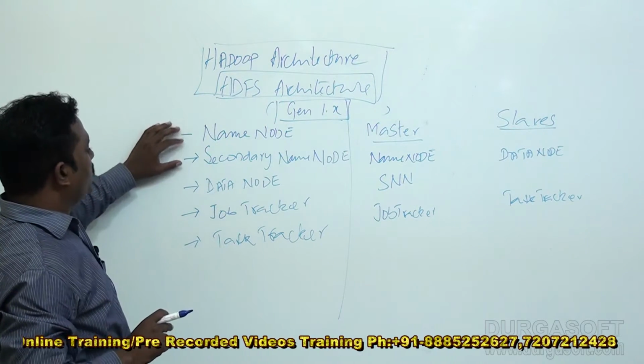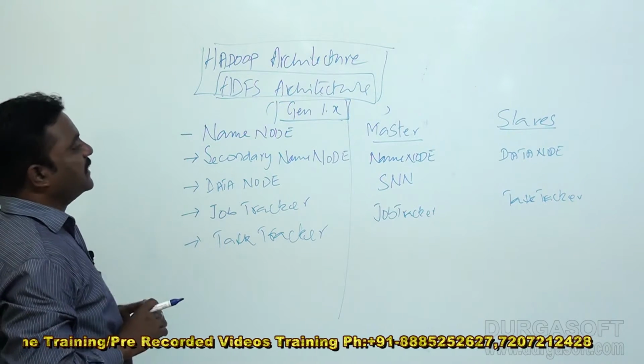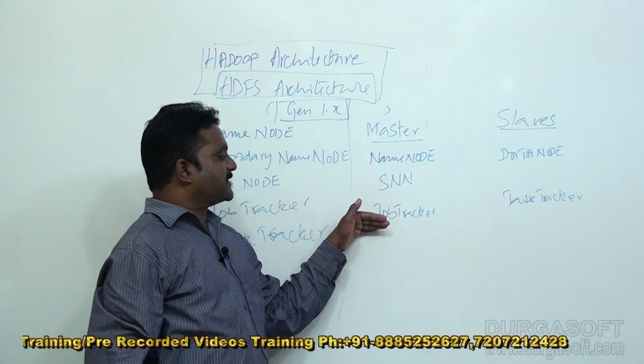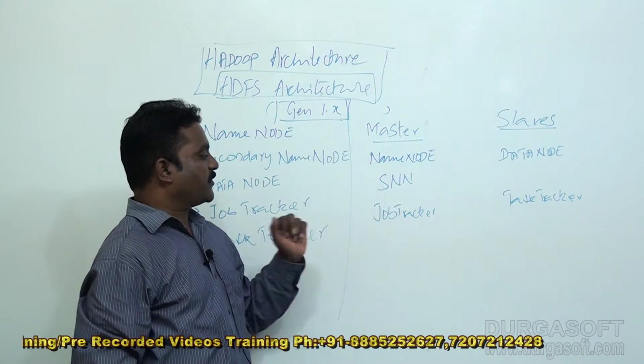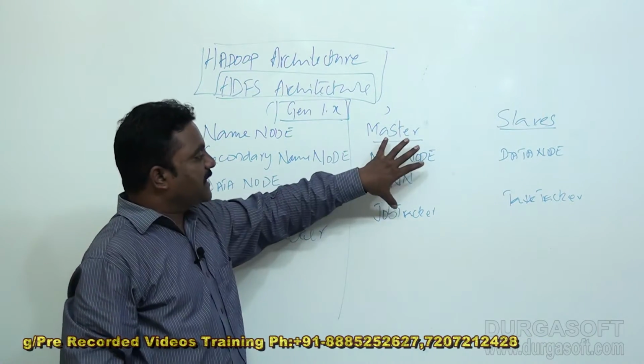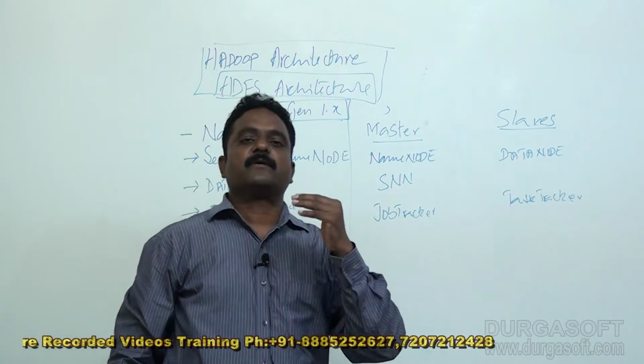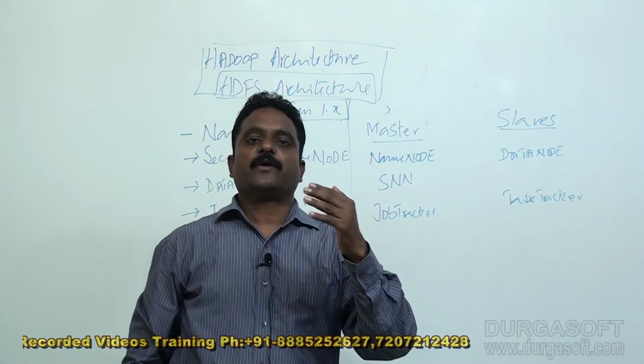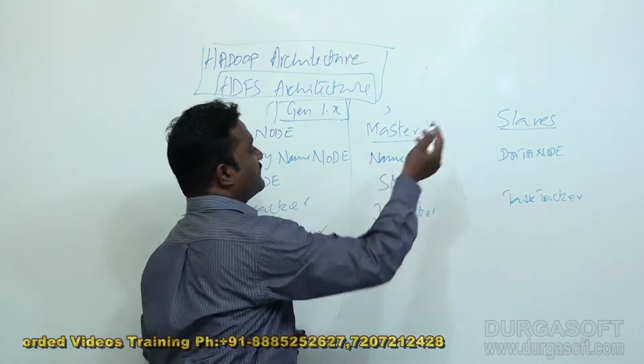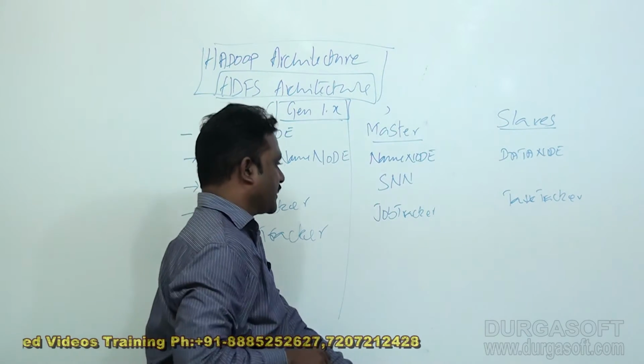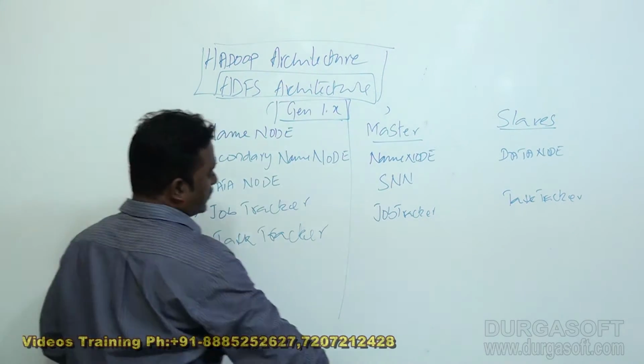In this you have name node, secondary name node, data node, job tracker, and task tracker, and you have 3 master nodes: name node, secondary name node, and job tracker, and we will see what each process's role is in Hadoop architecture. And the slaves are data node and task tracker.